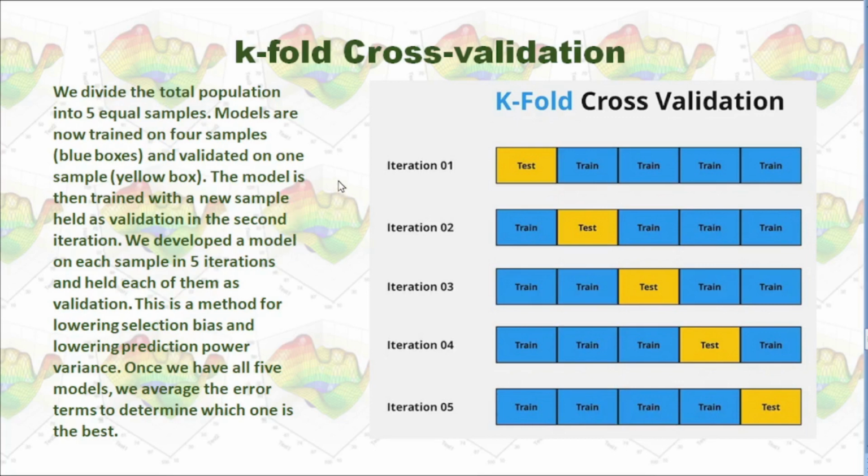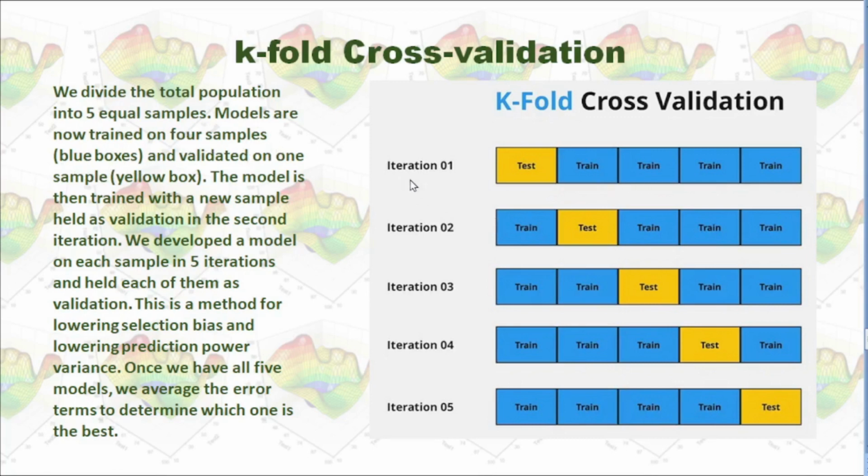And for a model, we are going to use k-fold cross-validation to validate our model. We divide the total population into 5 equal samples. Models are now trained on 4 samples, the blue box.